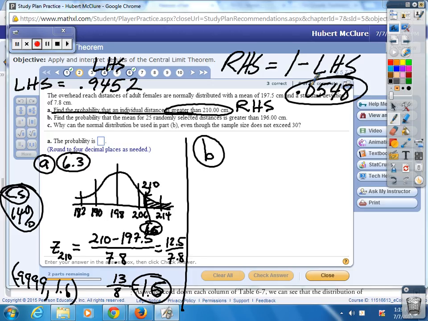So is that what y'all got when y'all did 1.6 to, you can do the right-hand side, 1.6 to 9999, what'd you get? That's the left-hand side. And this is the right-hand side. But if you do it in the table, you can't do that. So somebody do 1.6 to 9999 and tell me if you get 0.0548.